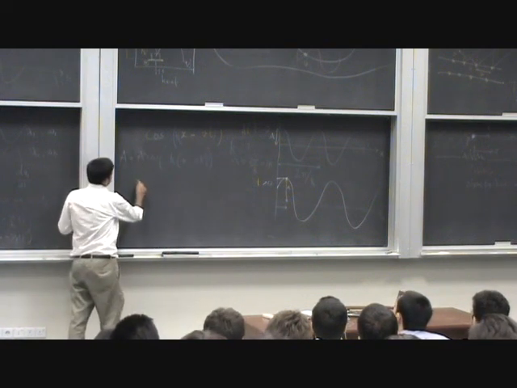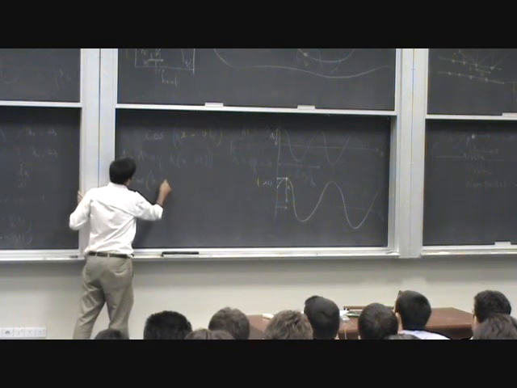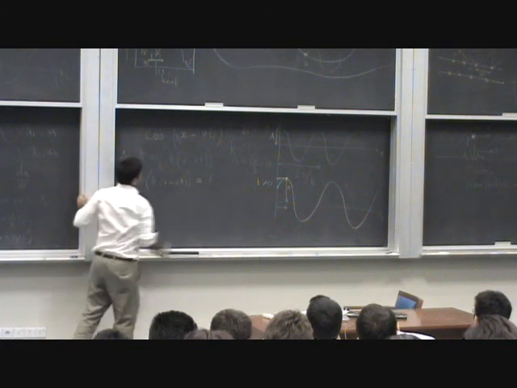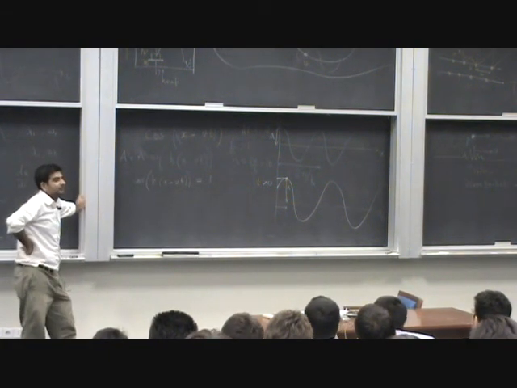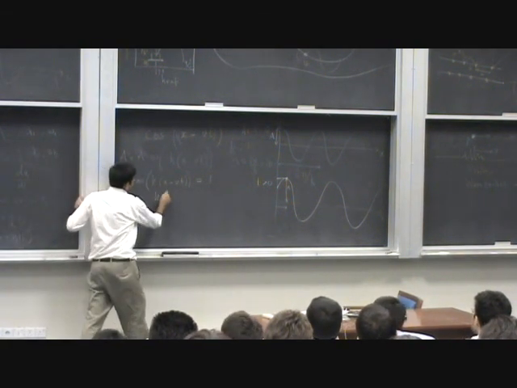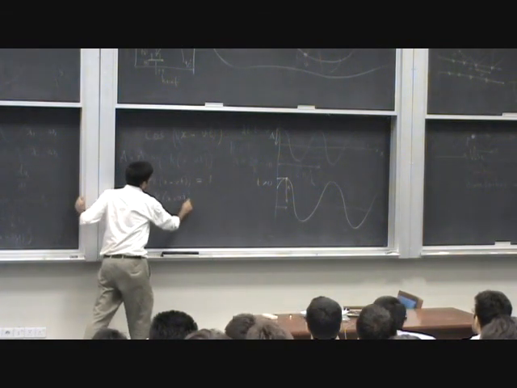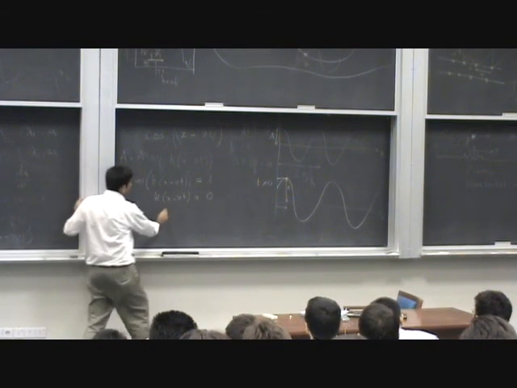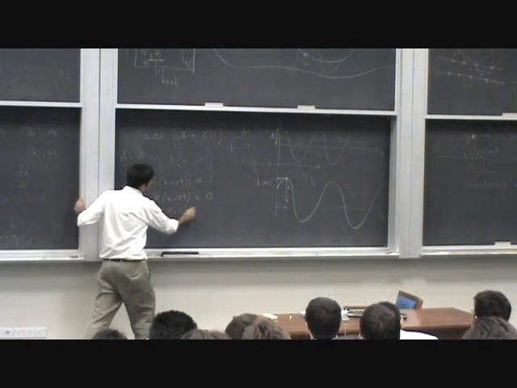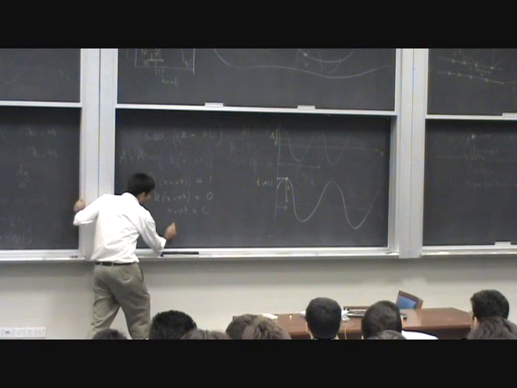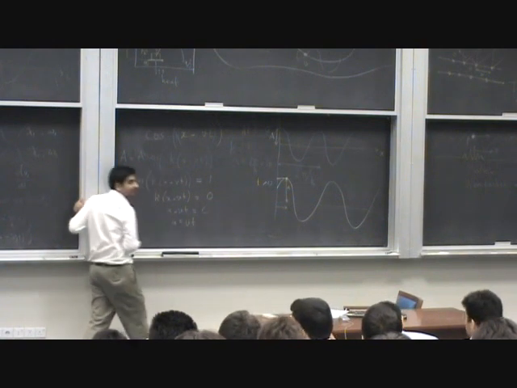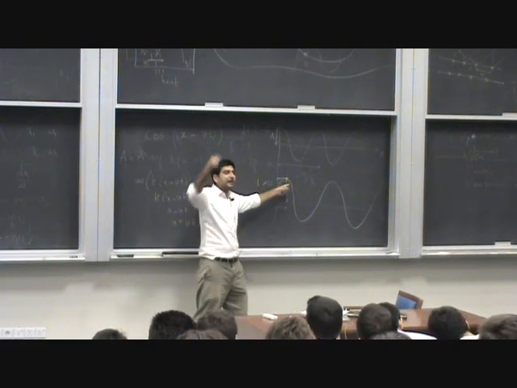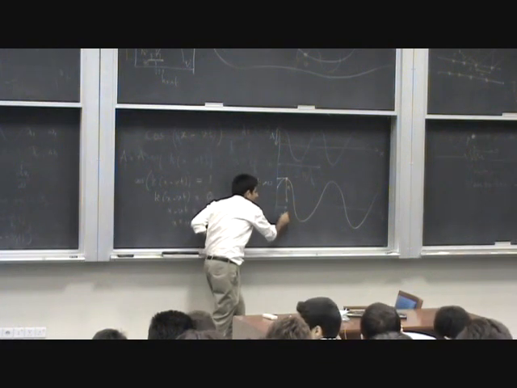So cosine k x minus bt is 1, which means k x minus bt is 0, which means x minus bt is 0, which means x is bt. So the displacement, the horizontal displacement of this maximum amplitude point is bt.